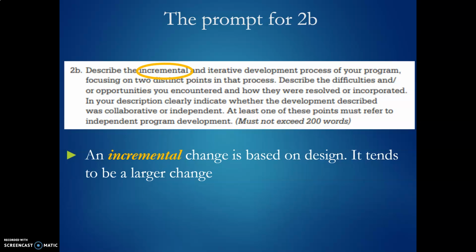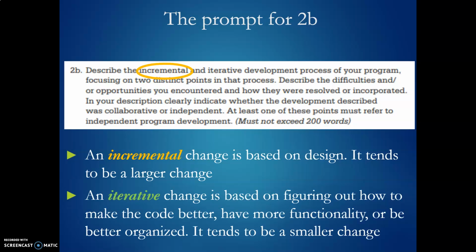If you're going to have to make a change, we sometimes call that an incremental change, right? As we go through the software development cycle, we realize, hey, our goal was way too hard. We're going to scale this back and we're going to have to change it and then re-implement it based on that change. An iterative change is when, as you're working on the code, you find chances to make the code better.